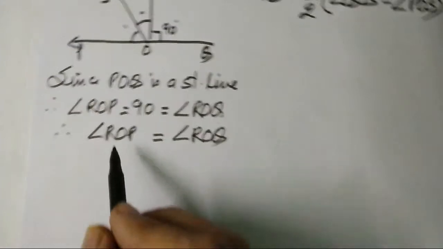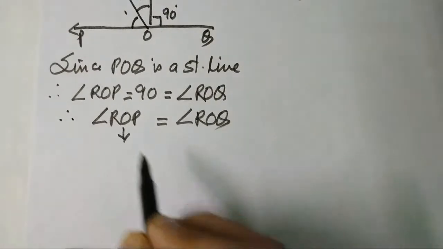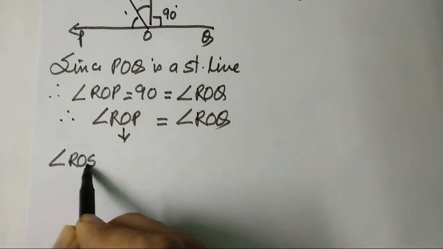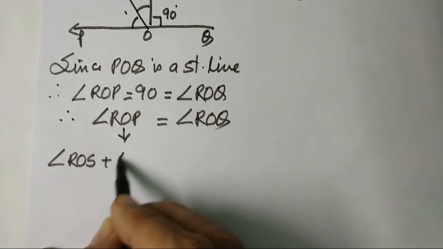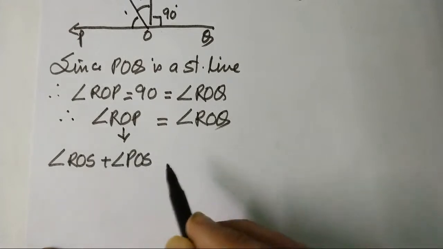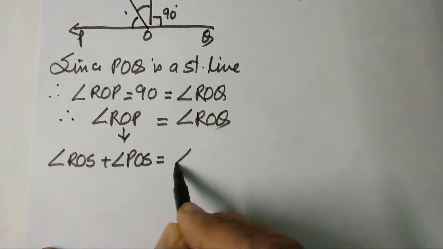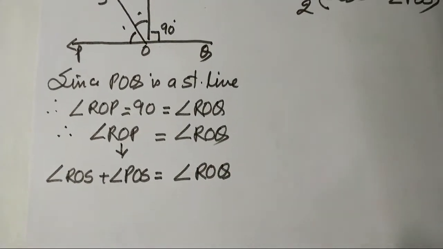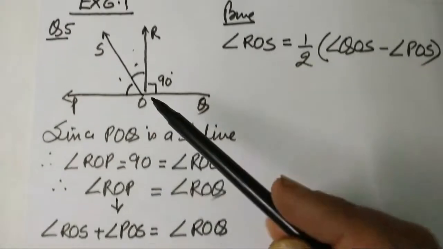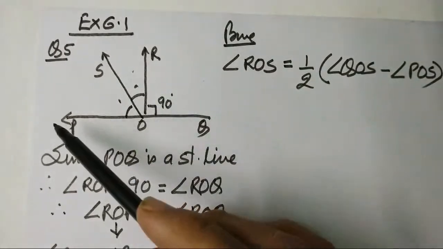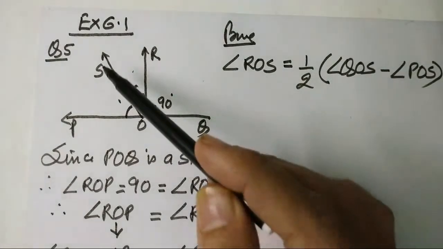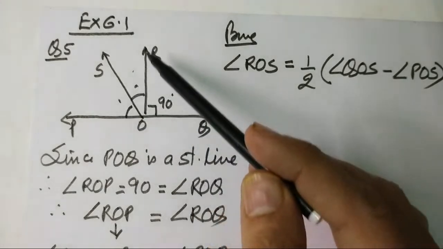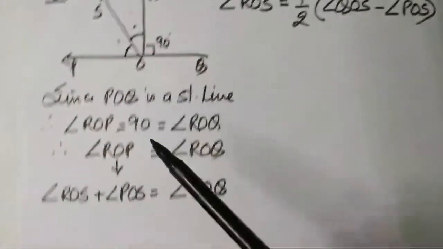So angle ROP can also be called angle ROS plus angle POS, and the right hand side is as it is. If we add the two angles, it makes one full angle, which I have written here.